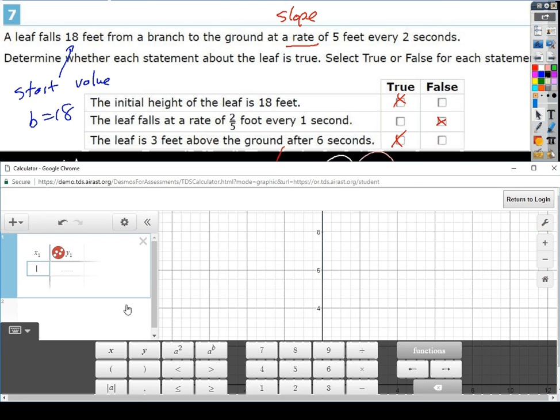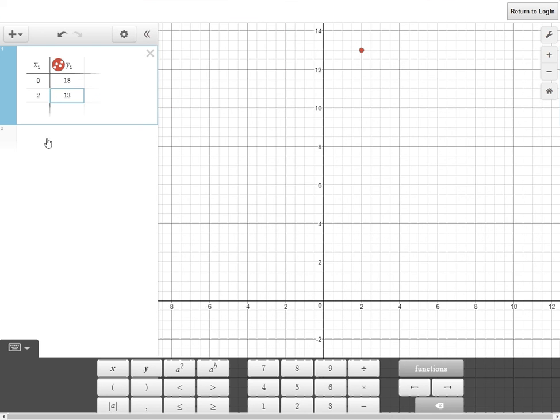So what are some values that we know? When x is 0, we already figured this out, because x is time, the height is 18. You immediately told me that after 2 seconds, so when x, which is time, is 2, the height is 18 minus 5, which is 13. Now I'm going to show you something really cool.